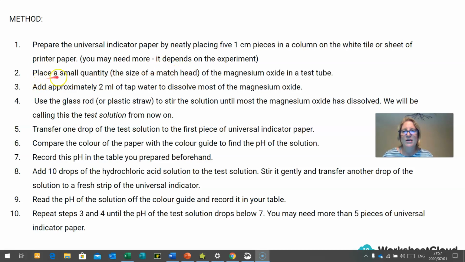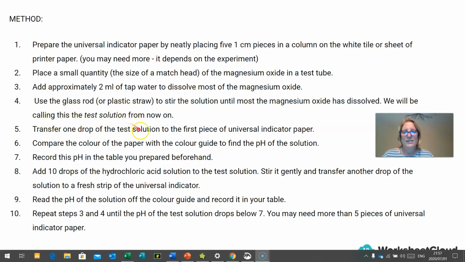Next, you are going to add approximately 2 ml of tap water to dissolve most of the magnesium oxide. You can use a glass rod or a plastic straw or a wooden skewer to stir the solution until the magnesium oxide is dissolved. This is now going to be called your test solution.